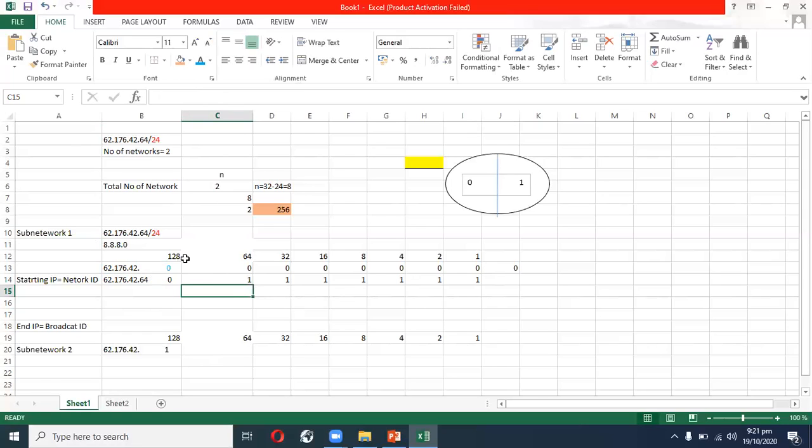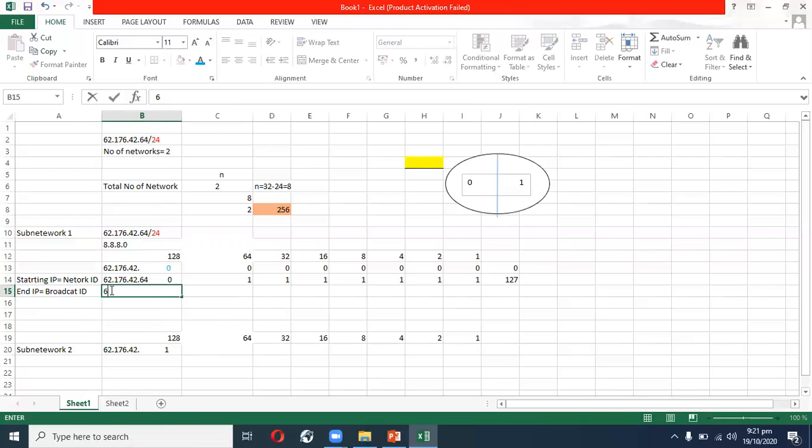So when we add 64, 32, 16, and so on, it comes to 127. So our end ID will become 62.176.42.127.